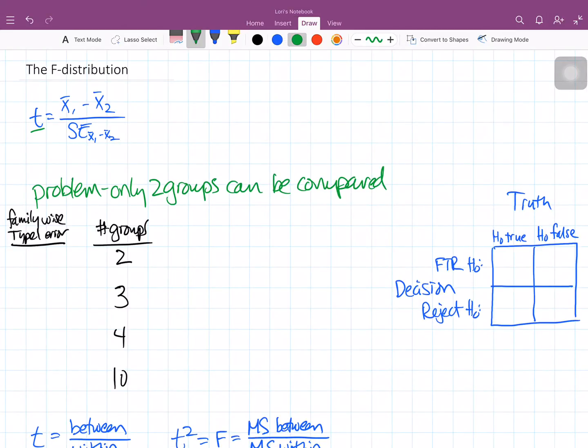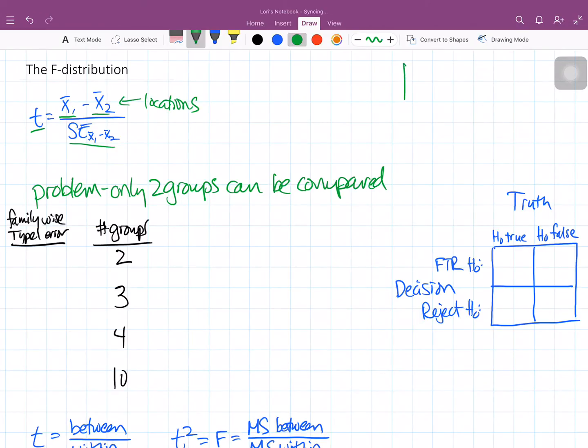First of all, we know that the t-distribution can solve problems like x bar 1 minus x bar 2 divided by the standard error of the difference between them. We saw this with the independent samples t-test. This top piece is really a test of locations.